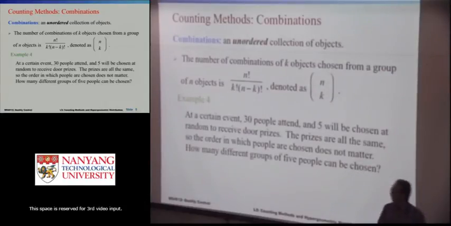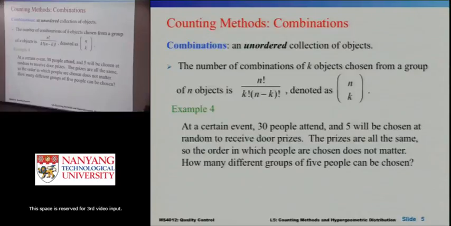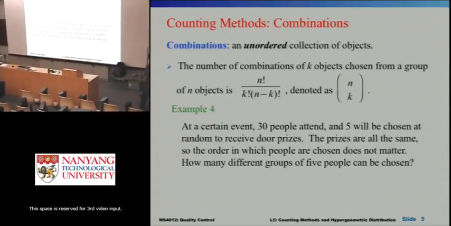Okay, so this one, example 4: at a certain event, 30 people attend, and 5 will be chosen at random to receive a door prize. And here, all the prizes are the same. It's just a $20 voucher. So no matter if you are the first one or the 5th one, you get the same thing, right? So in this case, the order doesn't matter. We just choose 5 people out of 30.